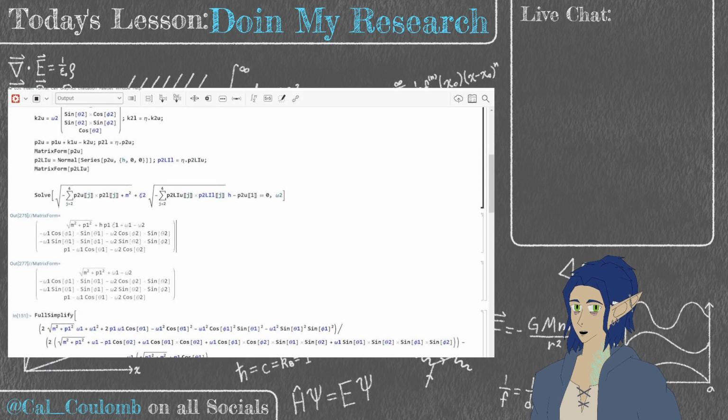I think this is the most boring part about using Mathematica, is just waiting for everything to run.